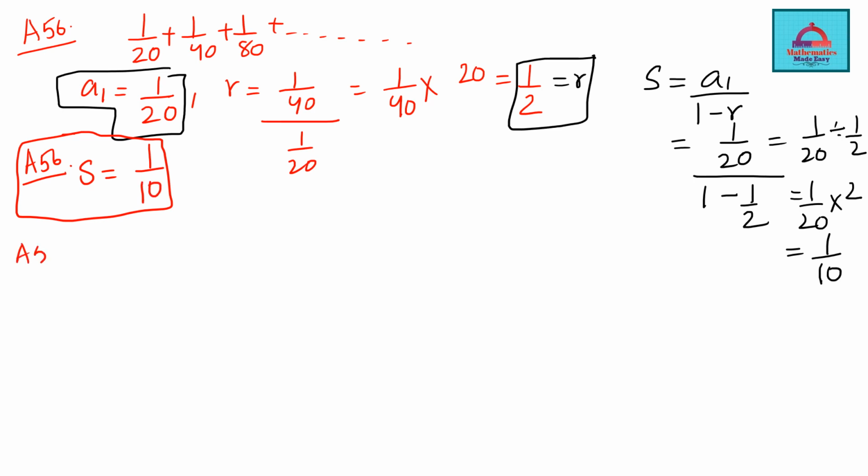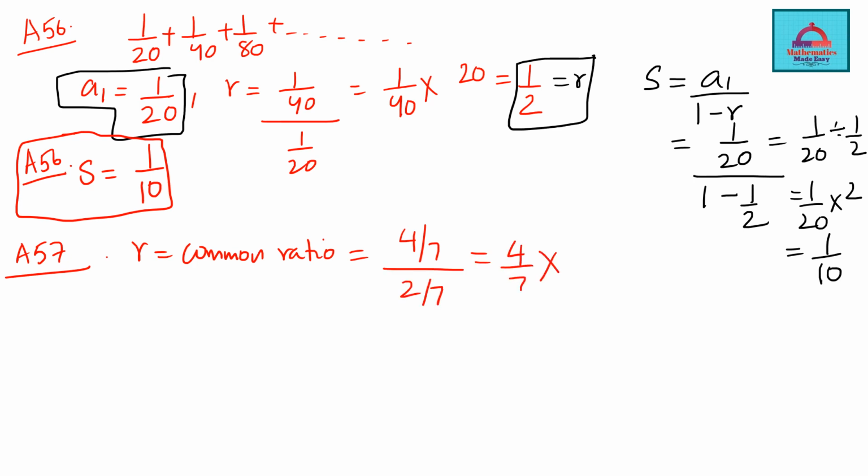Let's do 57 now. For 57, first you have to calculate the value of R, which is the common ratio. So if I take the common ratio, for example, I take 4 by 7 and then I divide it with 2 by 7. So this is going to be 4 by 7 multiplied with 7 by 2, which is 2.